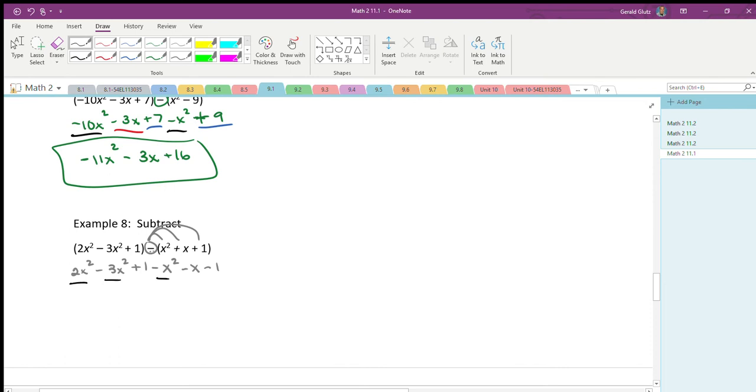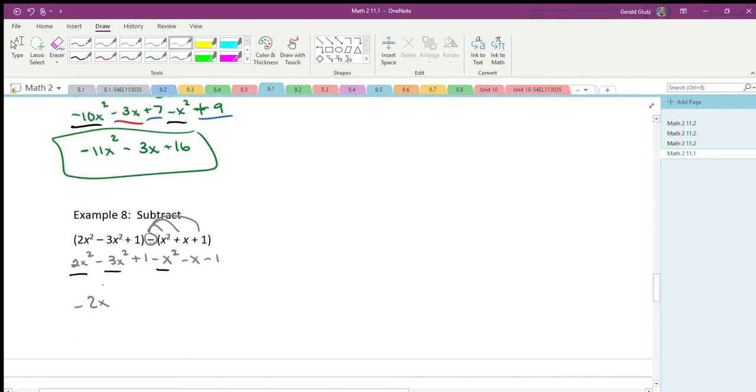So 2 minus 3 is negative 1. Negative 1 minus 1 is negative 2. So I have negative 2x squareds. I got a 1 minus 1. That turns into 0. So I'm not going to have a number in the answer. We still have that minus x. So our answer would be negative 2x squared minus x.